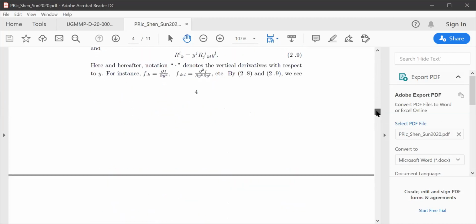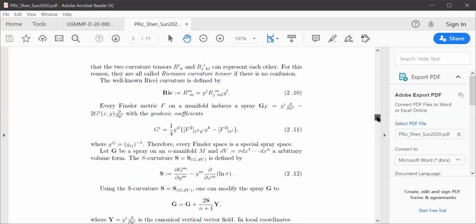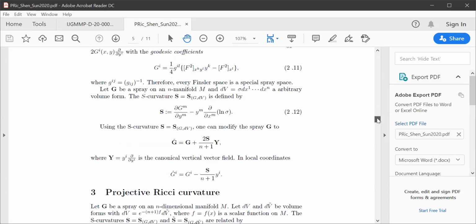Here the S curvature is determined by the spray and the volume form. Now if you talk about a spray, there is no associated volume form determined by the spray. So you have to have an independent volume form, and then using the volume form and spray you can modify the original spray.